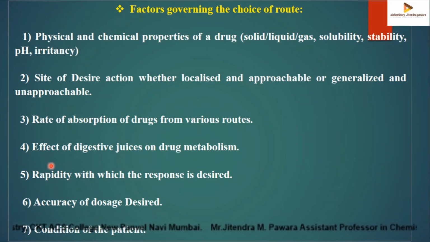The next point is effect of digestive juices on drug metabolism. Your intestine has different enzymes and digestive juices that affect the metabolism of a drug. So these factors also affect which route you are going to take that drug by, oral route or topical route or nasal route or rectal route. Then the next point is rapidity with which the response is desired.